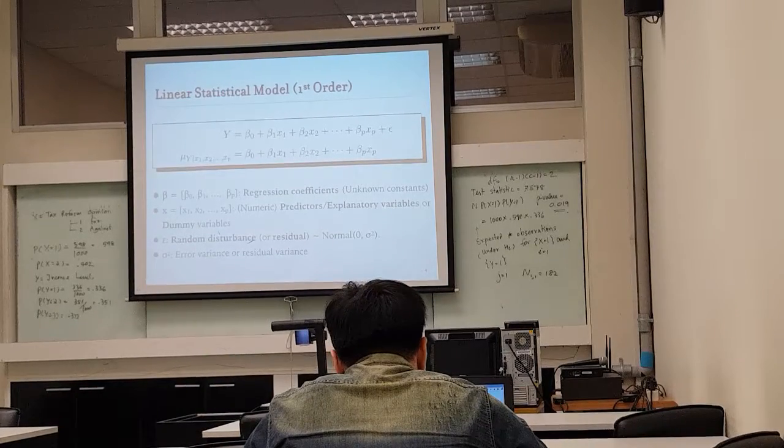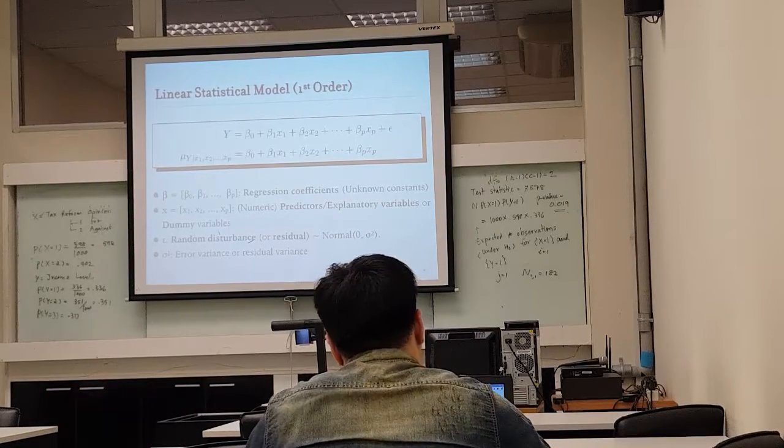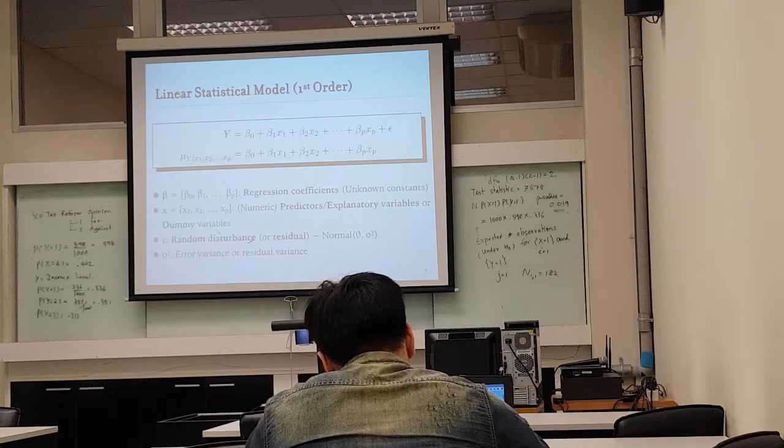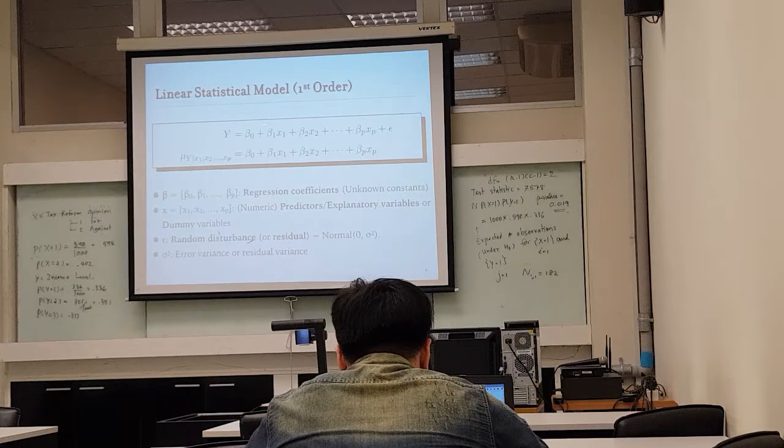You can change it to x1 squared, x1 cubed, or the log of x1, or square root of x, whatever. But you still have a weighted sum of the coefficients. So this model is linear in terms of the coefficients beta, not linear in terms of x.